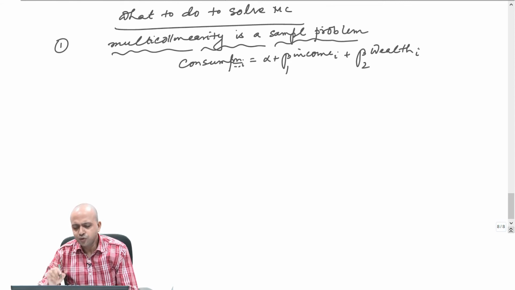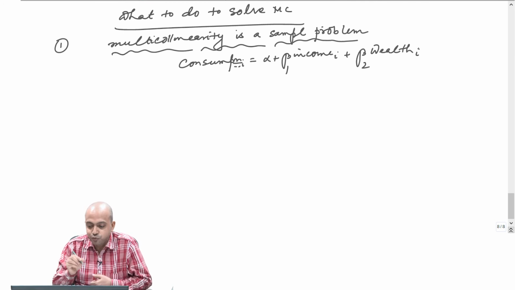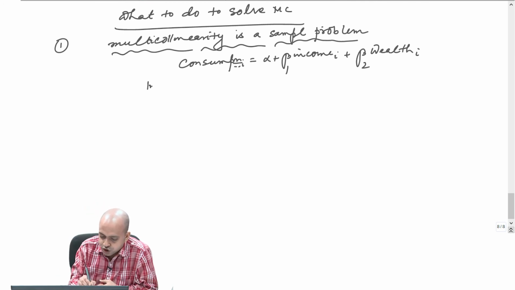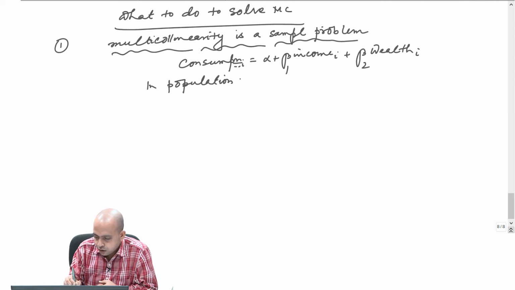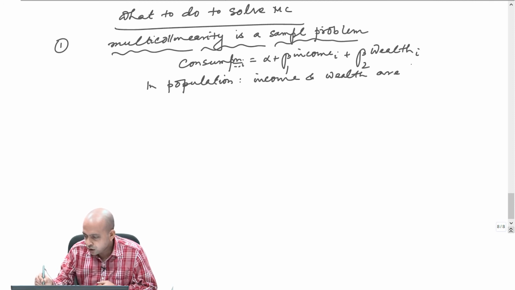So, when I include both income and wealth in my model to estimate the consumption function, what do we assume? We assume that in the population, income and wealth are not correlated.